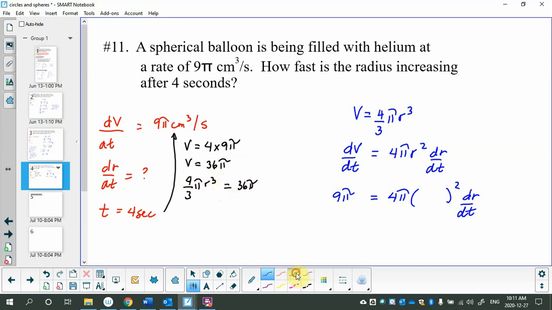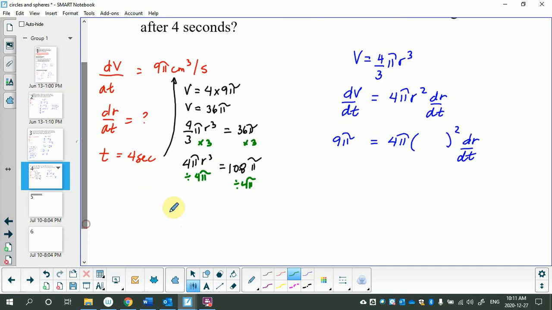And I have to undo everything and get the r by itself. So that means I'm going to times both sides by 3 to get rid of the divided by 3. So that's 108 pi. I have to divide both sides by 4 pi. So I see good in that because my pi's will cancel out.